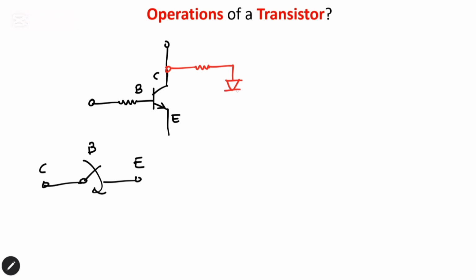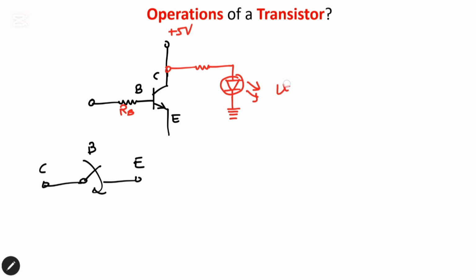Imagine you have a light emitting diode connected like this, and here you have a positive 5 volts power supply, and this is the resistor at the base of the transistor.